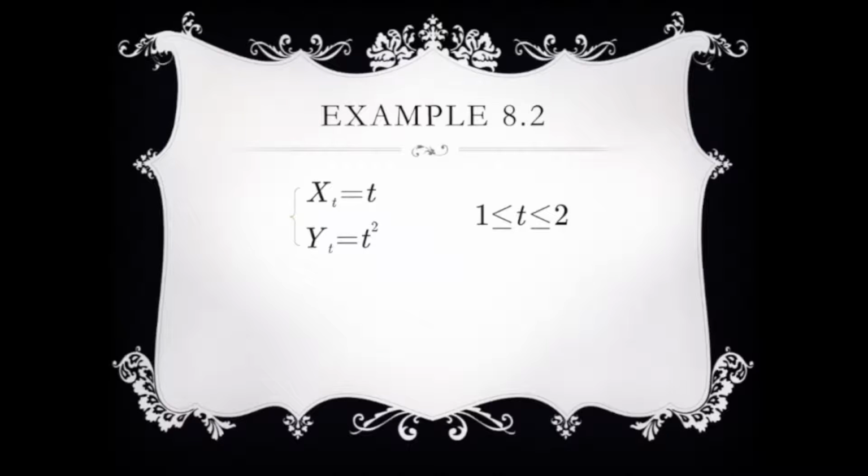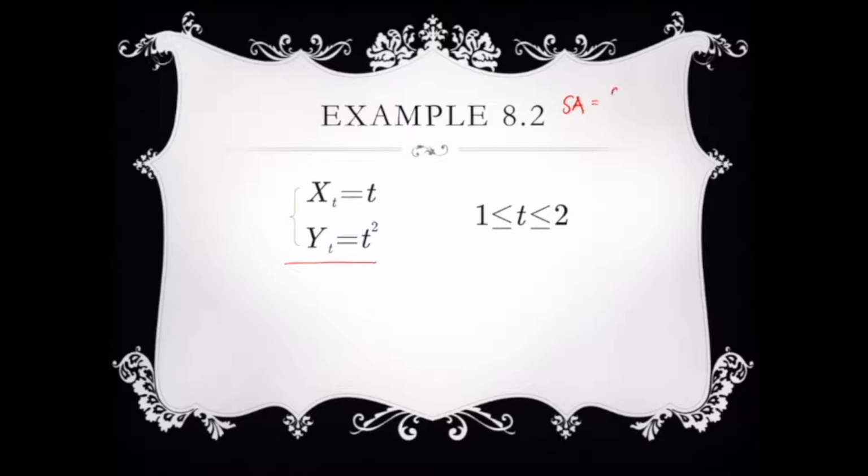Now for the second example for surface area of a parametric function, we are still going to use the same parametric equation, which is this, x(t) equals t and y(t) equals t squared, but this time we are going to rotate it around the y-axis. So the surface area formula changed a bit.